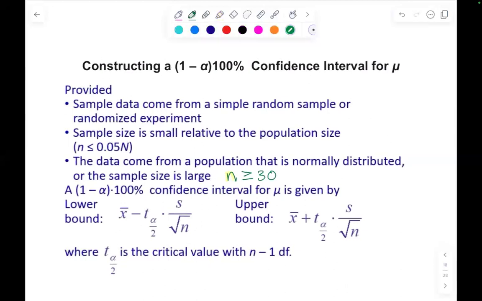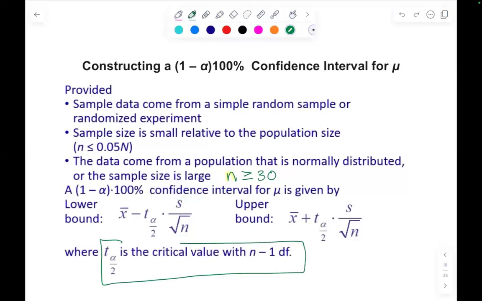Here's what our confidence interval looks like. It's the same thing we did when we were doing proportions. However, instead of a z-score, we're using a t value. And instead of that square root of p times 1 minus p, we're using the new standard deviation for means.